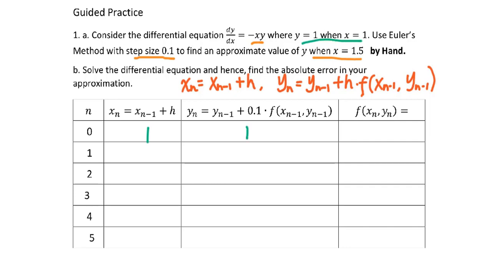Therefore, we use this formula for the slope. 1 times 1 equals 1. Then put the negative sign, it will be negative 1. The step size is 0.1. So for x, you just add 0.1 each step.